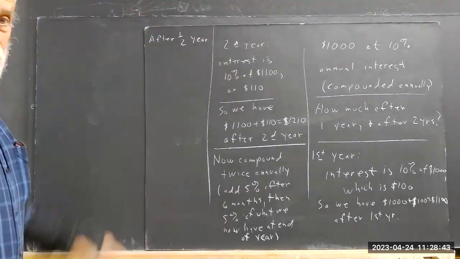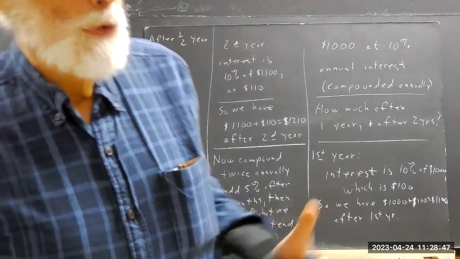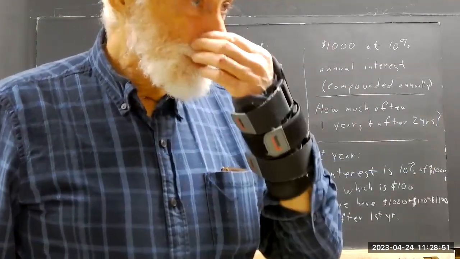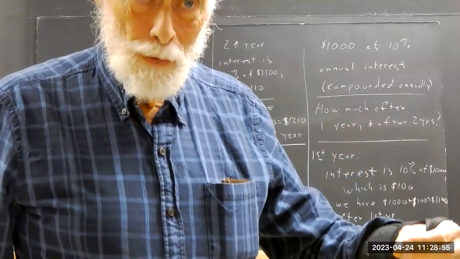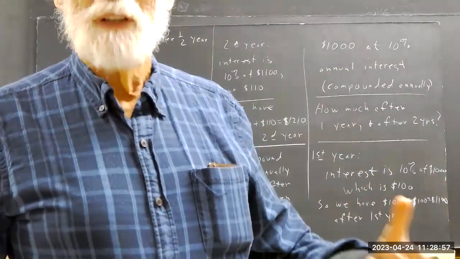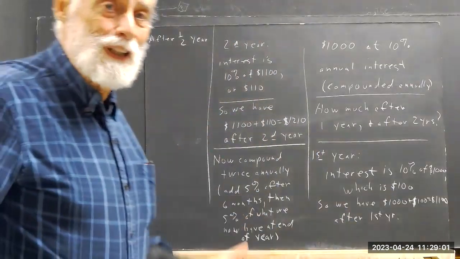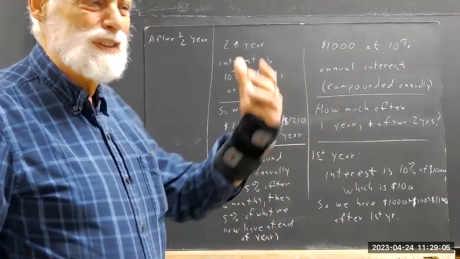I'll say after half a year, instead of 6 months, because if we wanted to compound it 10 times, we'd have to say after 1/10 of a year, after 2/10 of a year, and so forth. Because 1/10 of a year doesn't have a name. It's after 36 days; we usually say there are 360 days a year, but it's 365 days.